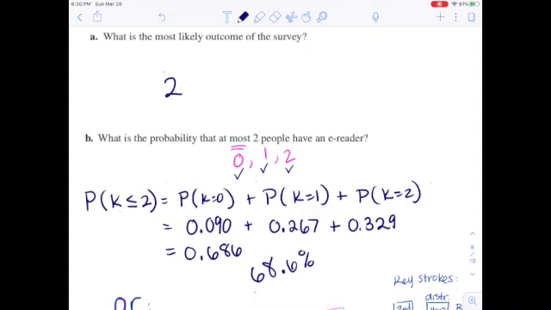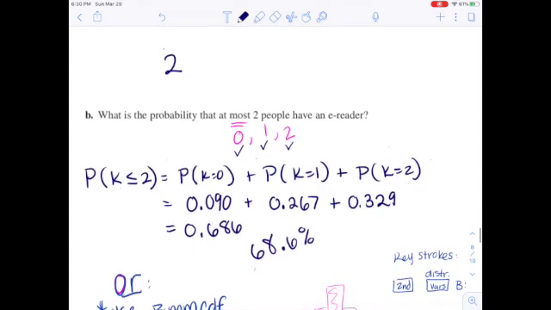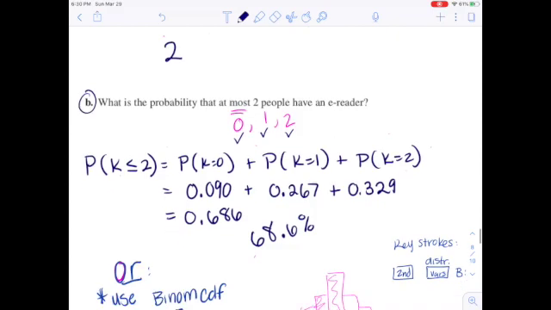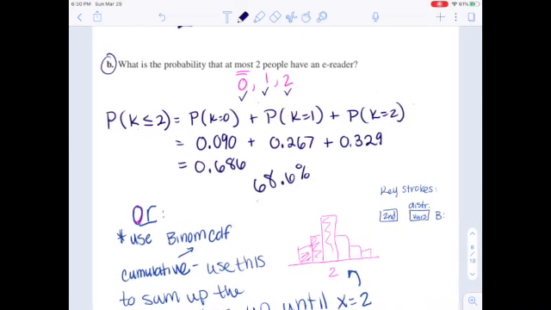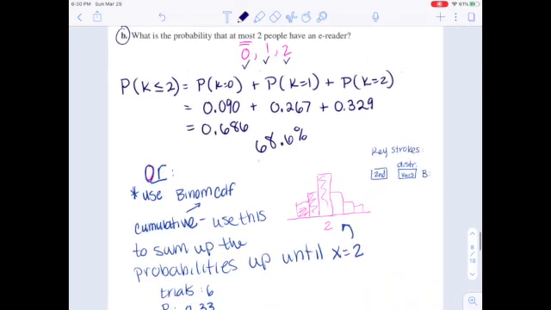But you'll also appreciate your graphing calculator for this one, because you can actually do this whole part B in your graphing calculator. Because we want to add up these probabilities, we can use what is called the Binomial Cumulative Distribution button.